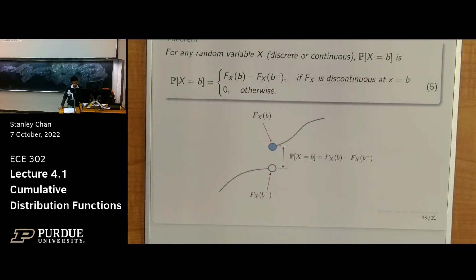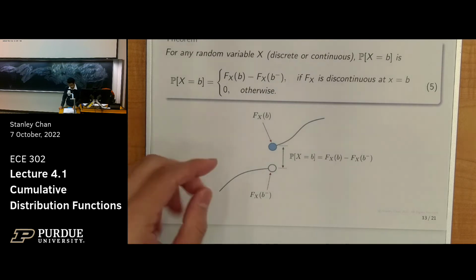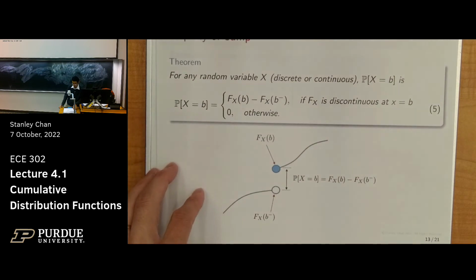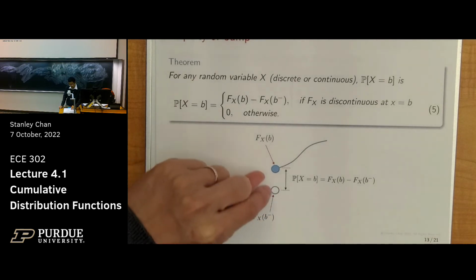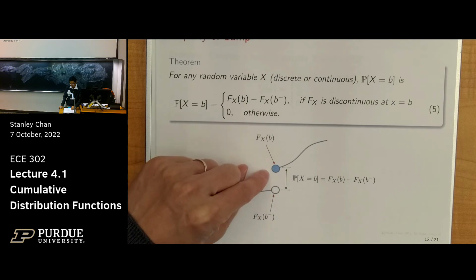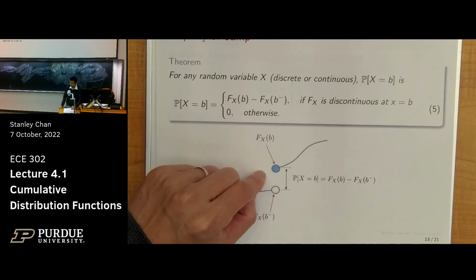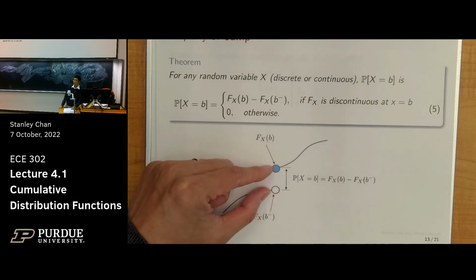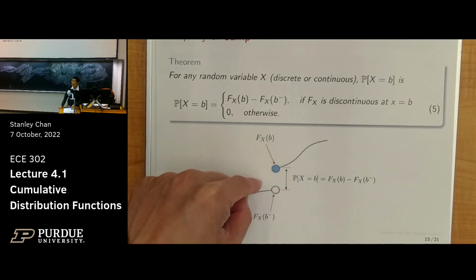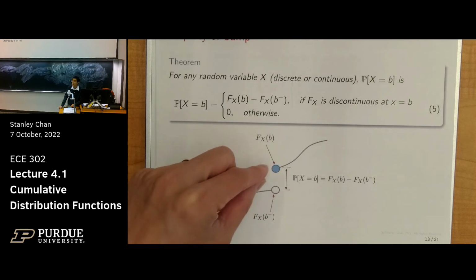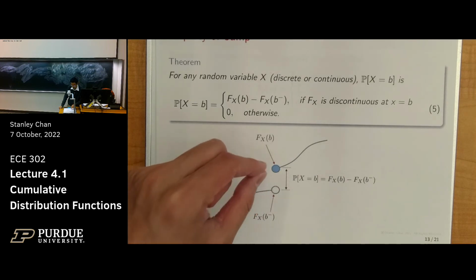Now, the right continuous property of the CDF will immediately bring you to this jump property. This is also a pretty important property. Whenever you see a discontinuity, there's a jump. The jump has a height in the CDF. The height will tell you the probability at that point.